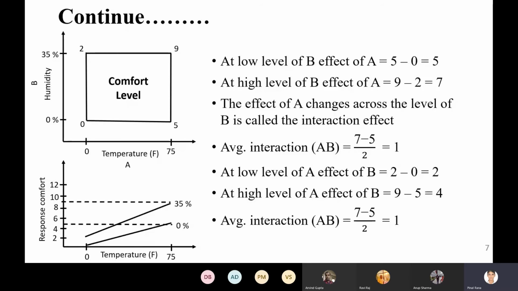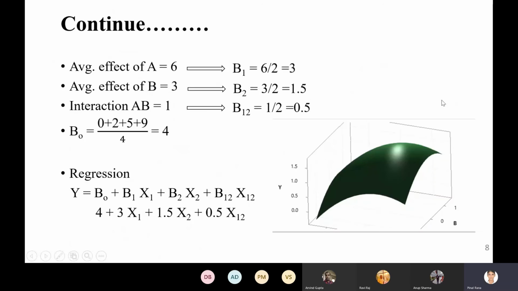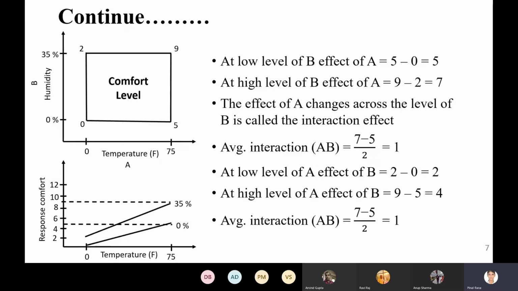Let me first explain the effect of B on A. At low level of B, the effect of A is 5 minus 0, which is equal to 5. And at high level of B, the effect of A is 9 minus 2, which is 7. So the change in the effect of A across the levels of B is called the interaction effect.